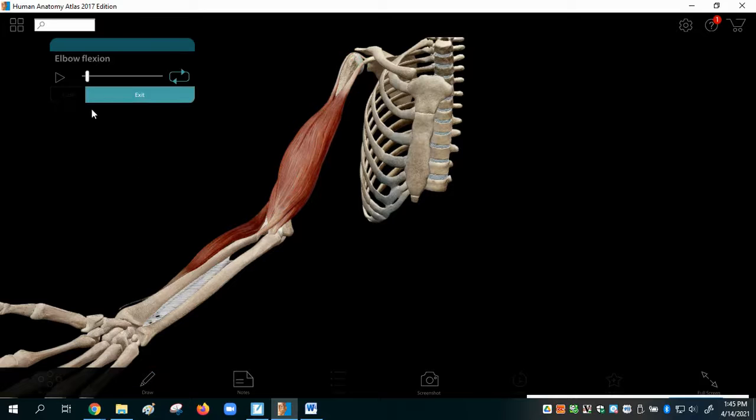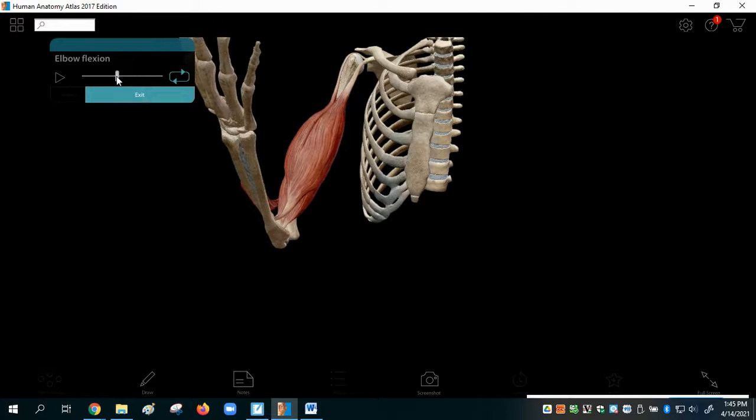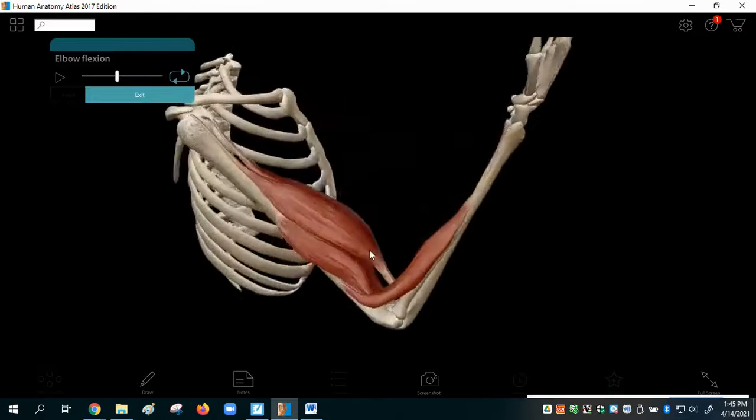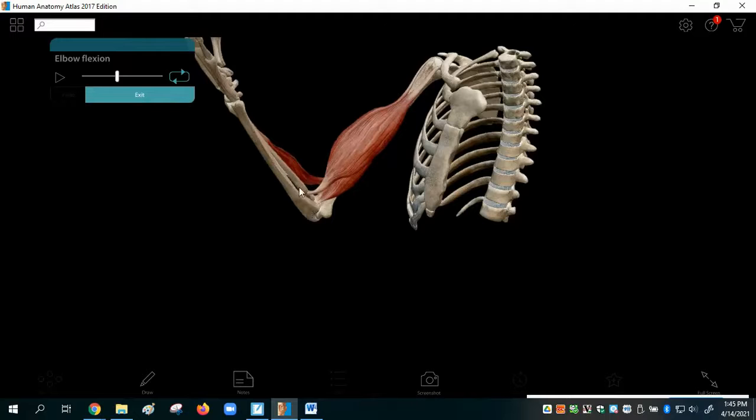The best part about this app is that we can see it. So watch this muscle shorten right here. See how the muscle is now taking up less length because it got shorter. It also is what causes it to bulge outward, looking like it's larger. So this end was the moving end, and this end is the stable end.